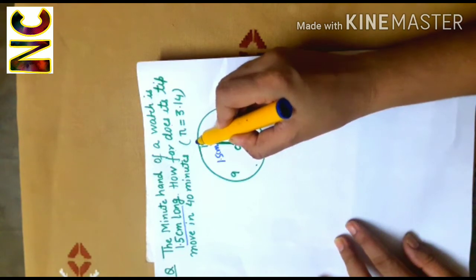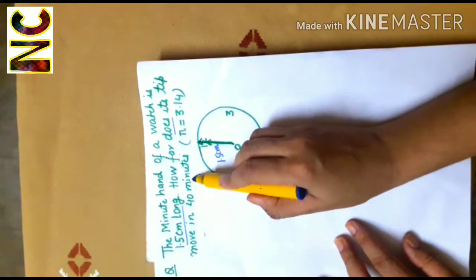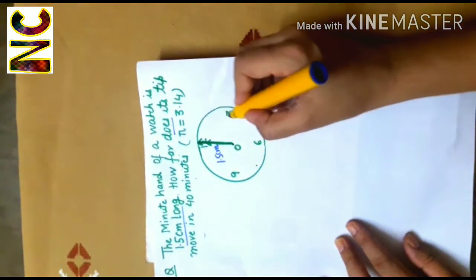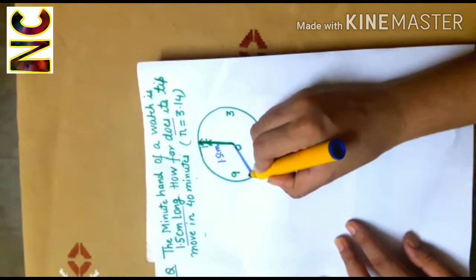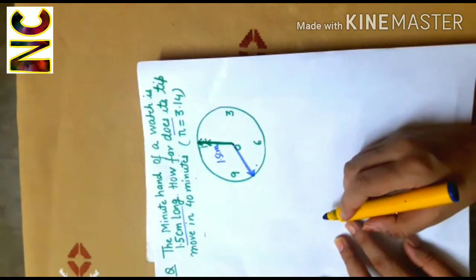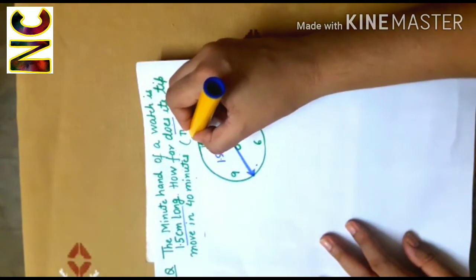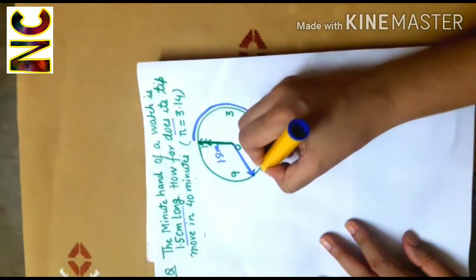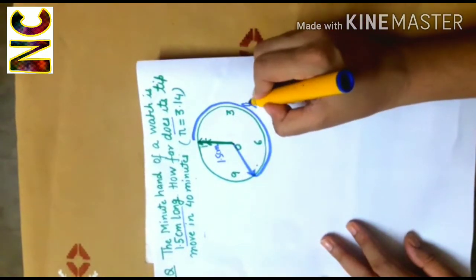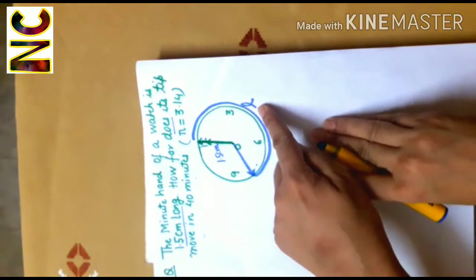Now the question is, how far does its tip move in 40 minutes? After 40 minutes, the minute hand will reach at this point. So the distance moved will be the length of this arc. So we need to find out the length of arc, that is L.